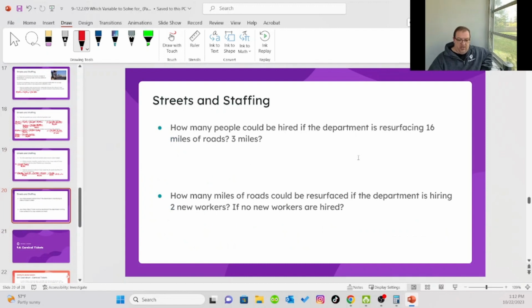Now they want to know how many people could be hired if the department is resurfacing 16 miles of road.